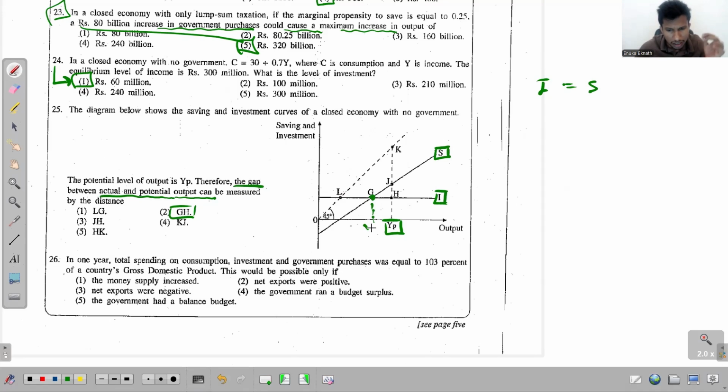This is their actual output. YP, as I mentioned earlier, is the full employment level of output, but this Y1 is the actual output. So the difference between Y1 and YP shows us the gap between actual and potential output.